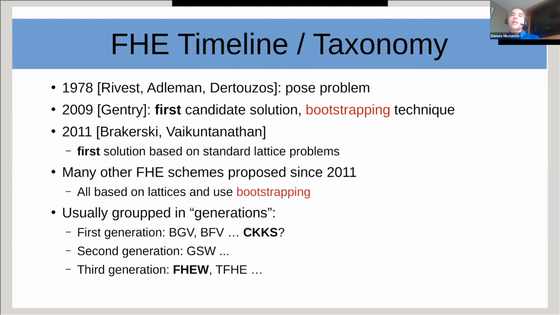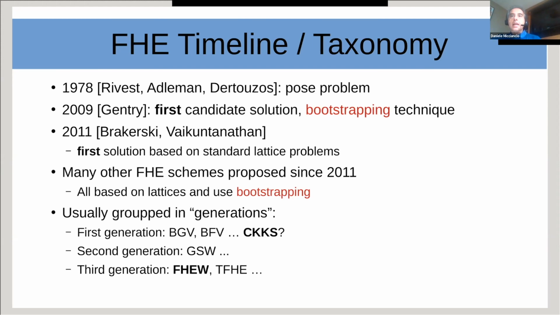An operation that during bootstrapping, which I will describe soon, can not just compute the identity function, but can compute an arbitrary function, or at least a random function, which is used to go from just additive homomorphism to something that allows one to perform arbitrary computations.